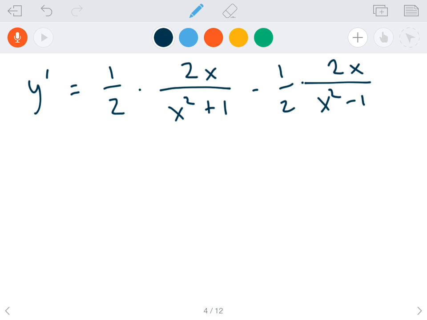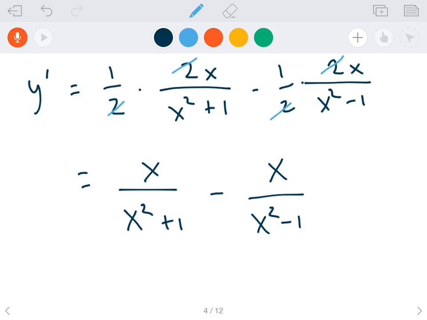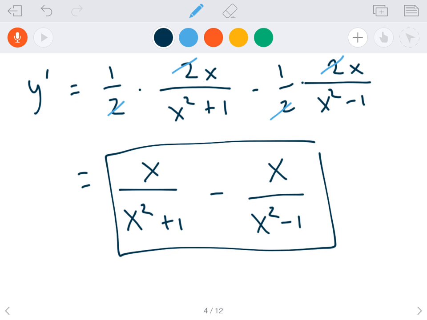I can simplify that just a little bit. The 2's will cancel here, and so I can say this is equal to x over x squared plus 1 minus x over x squared minus 1. Done.